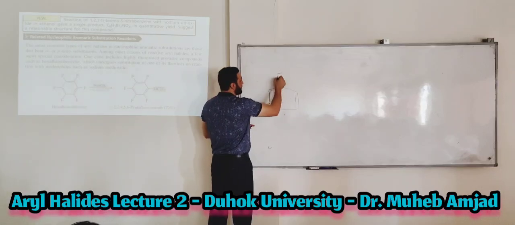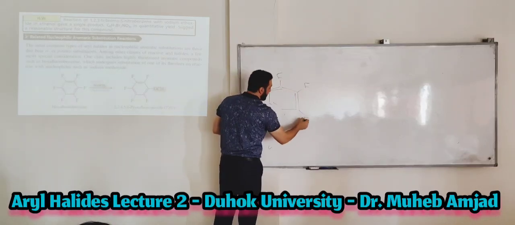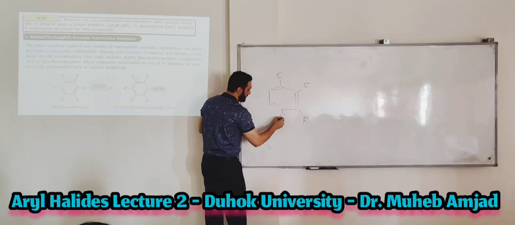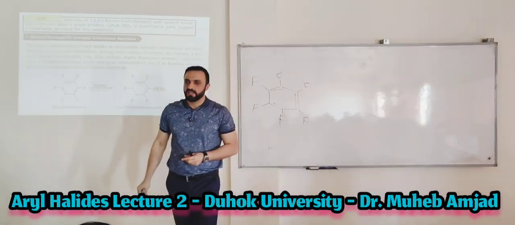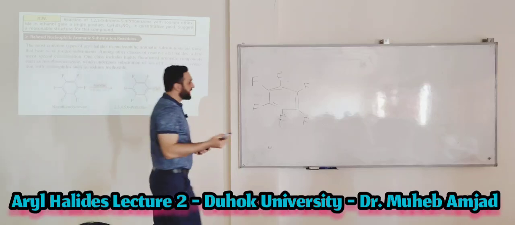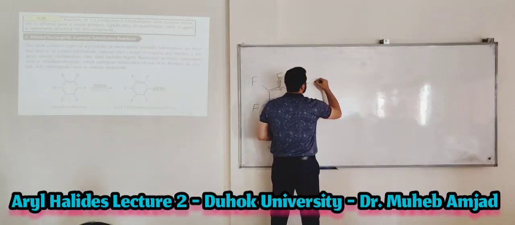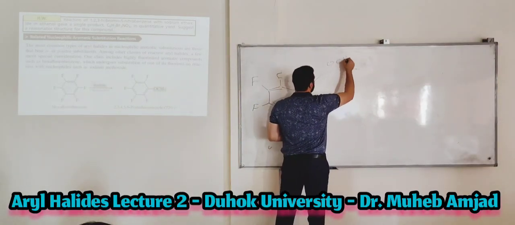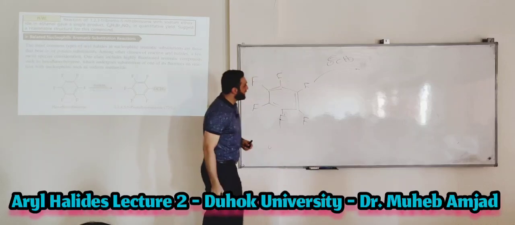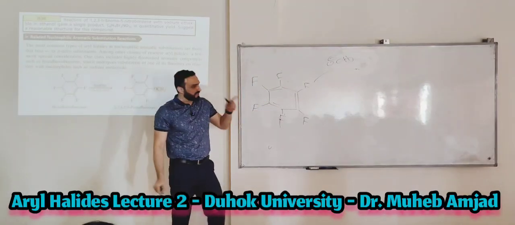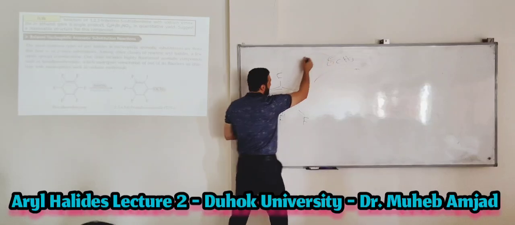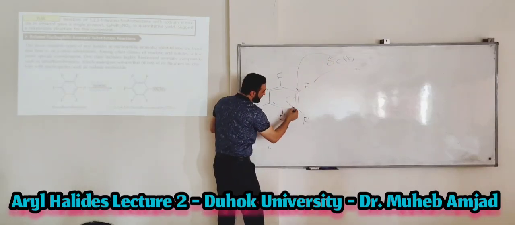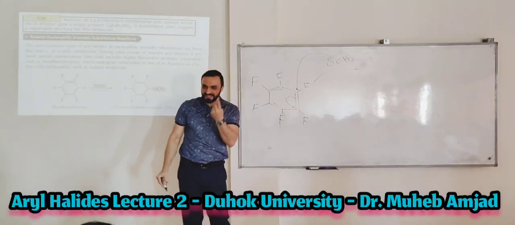So we have the fluorine. Now, first step, the OCH3 nucleophile adds. Where? Anywhere, no difference. I will add it here, and the pi bond opens onto this carbon to give you the first anion.